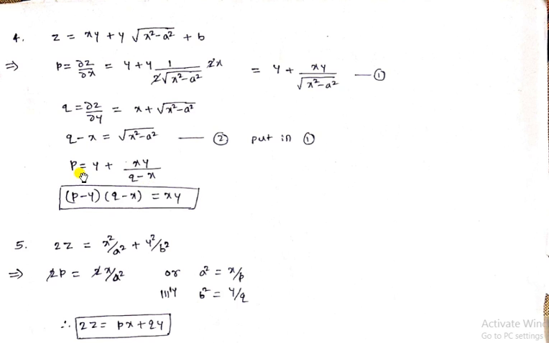Multiply on both sides by q minus x and shift y to the left hand side, so it becomes p minus y into q minus x equal to xy, which is free from arbitrary constants a and b. So these are a few examples on solution of PDE by eliminating arbitrary constants.